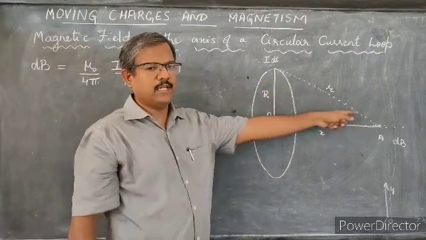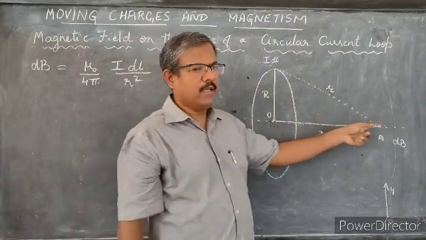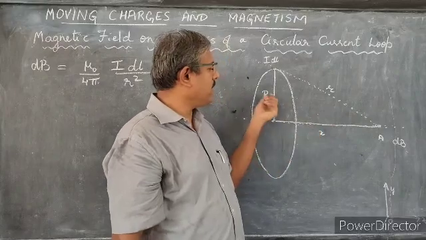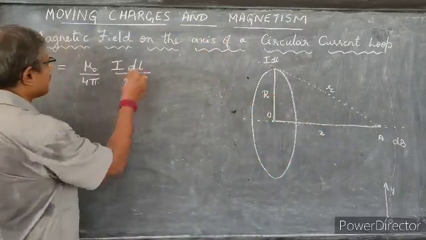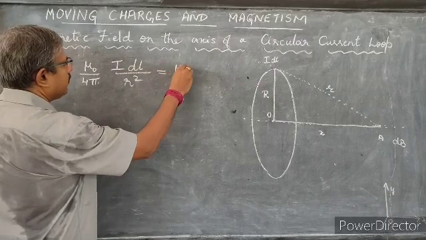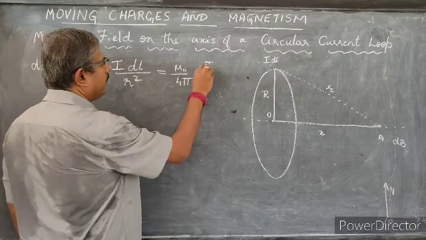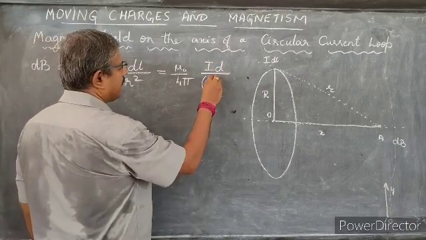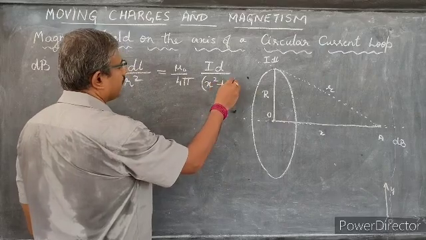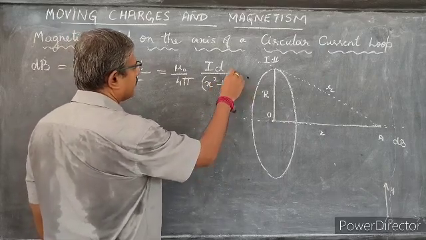If you observe the figure, by Pythagoras theorem, r square is equal to x square plus capital R square. So I can rewrite this as mu naught by 4 pi into I dl by x square plus R square.